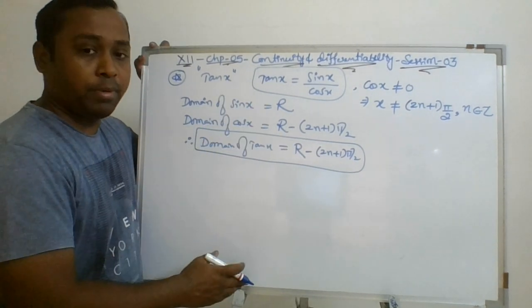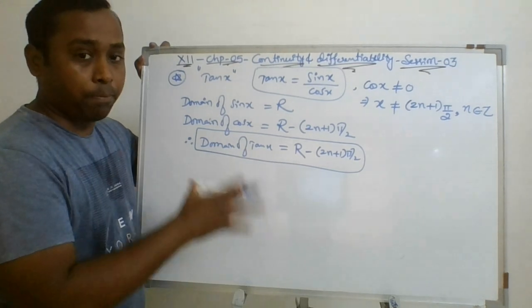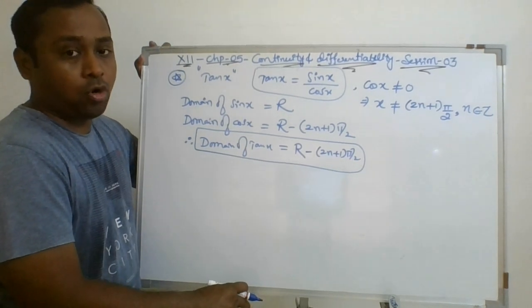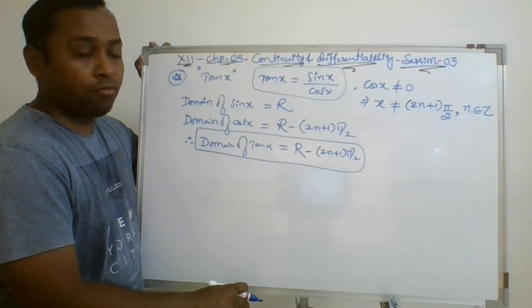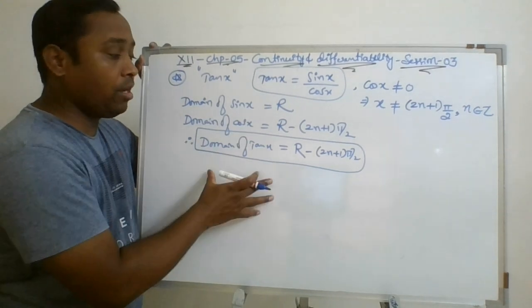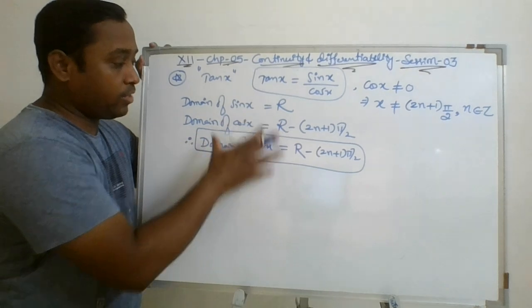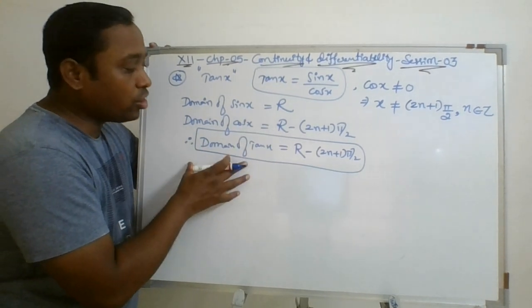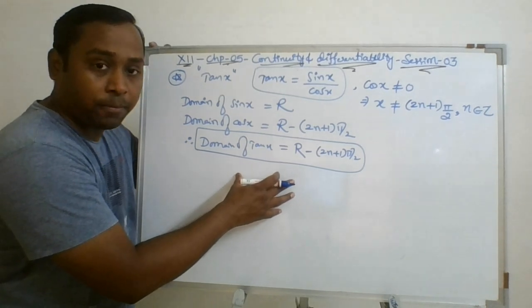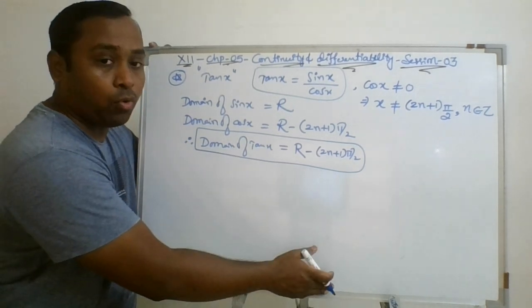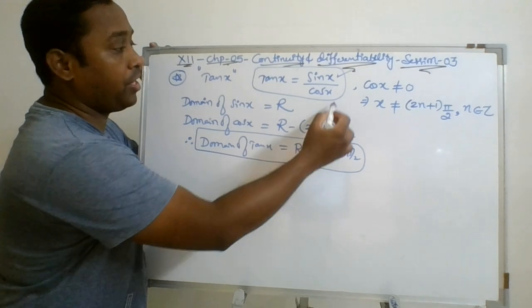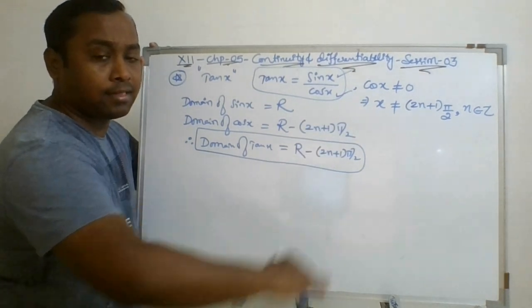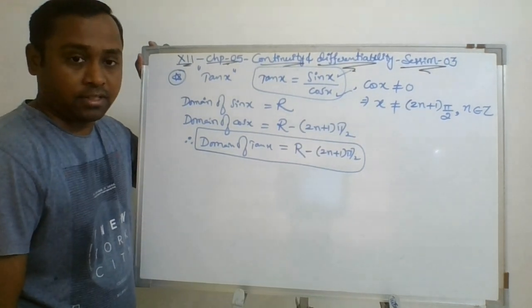So the method will be the same, only the beginning part, that is the common domain, has to be explained and written very clearly, in which domain you are dealing with. But the rest of the part to prove sin x is continuous, cos x is continuous is the same. There is no difference in that.